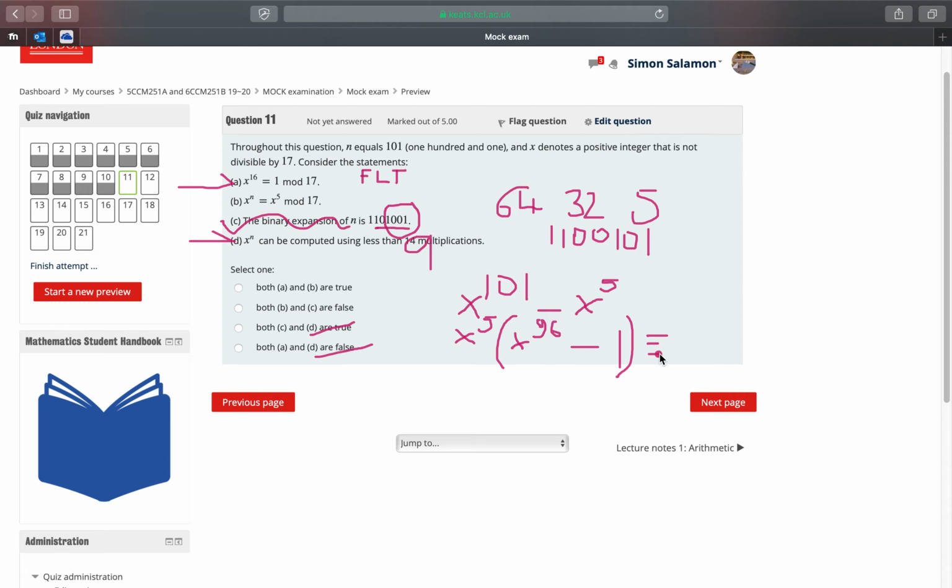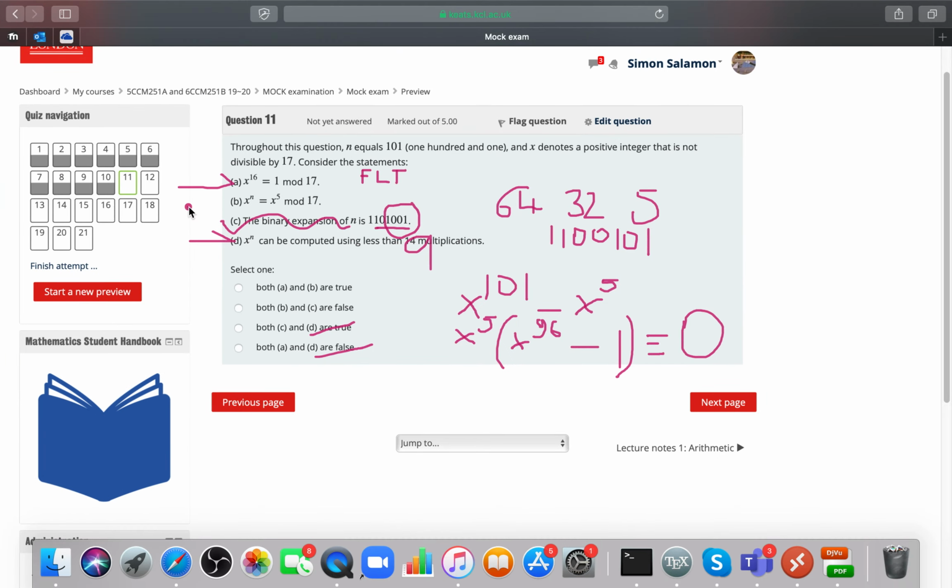So actually this statement is true. So actually A and B are true is the correct answer to this quiz. B and C are false is no longer correct, because we know that B is true.